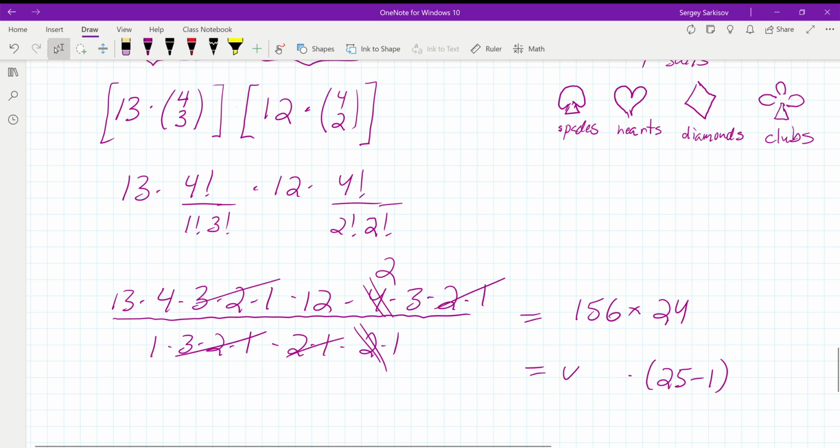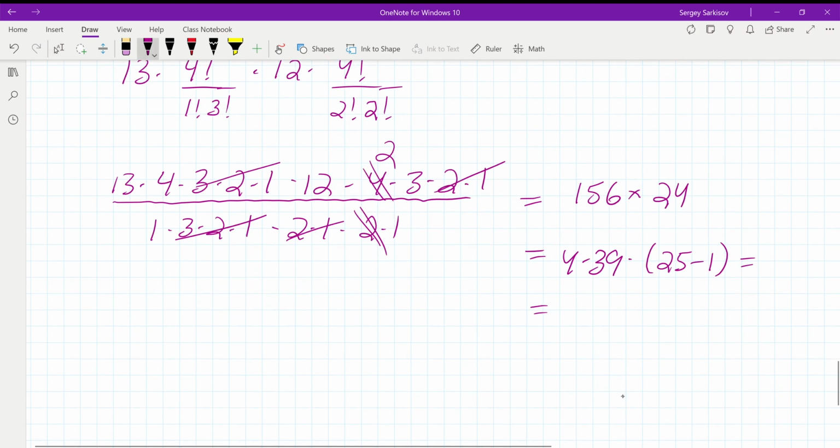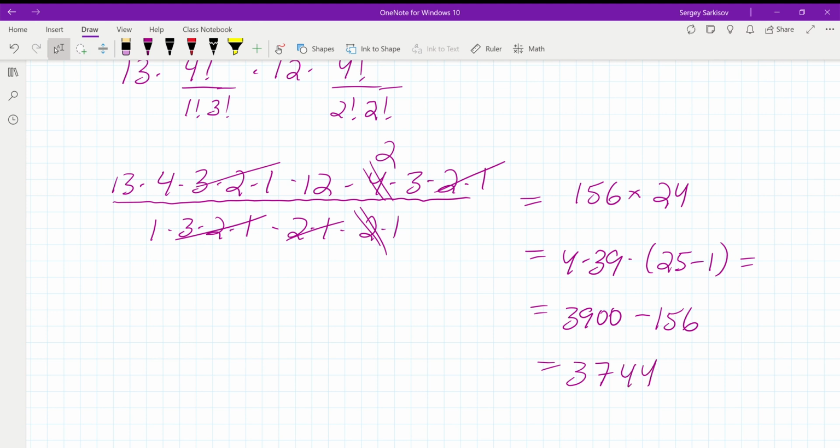Cool, right? So 4 times 39 times 24, and 24 is 25 minus 1. Why am I doing that? Just for fun. 4 times 25 is 100, so we get 3900, minus the 4 times 39, which is 156. Just having some fun with numbers, that's going to equal 3,744.